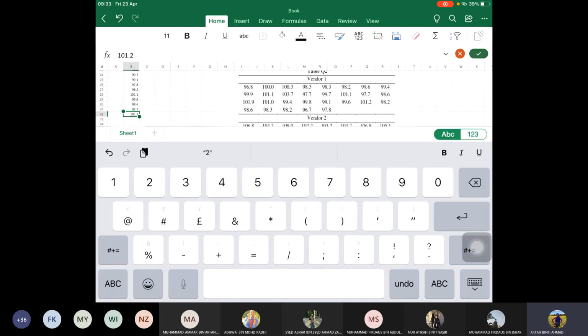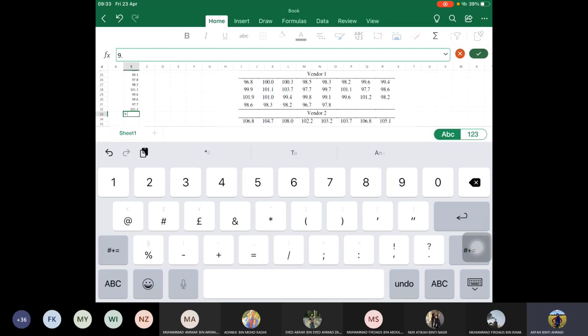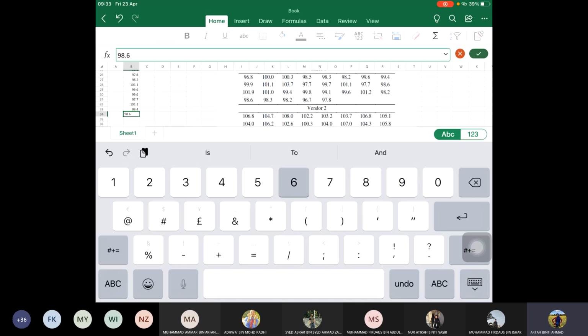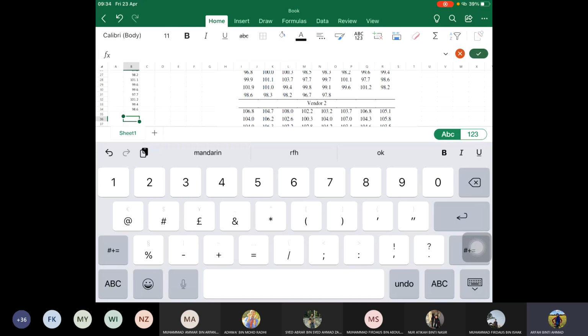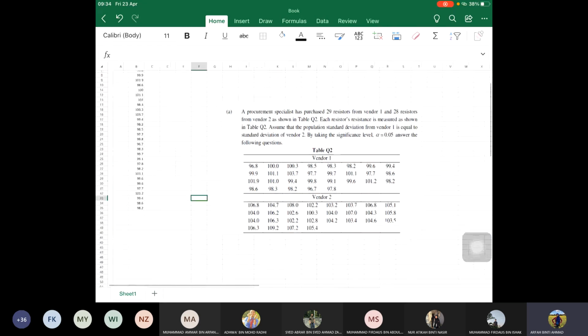And then 99.4. 99.4. 98.6. 98.6 and 98.2. Okay. So this is the data.